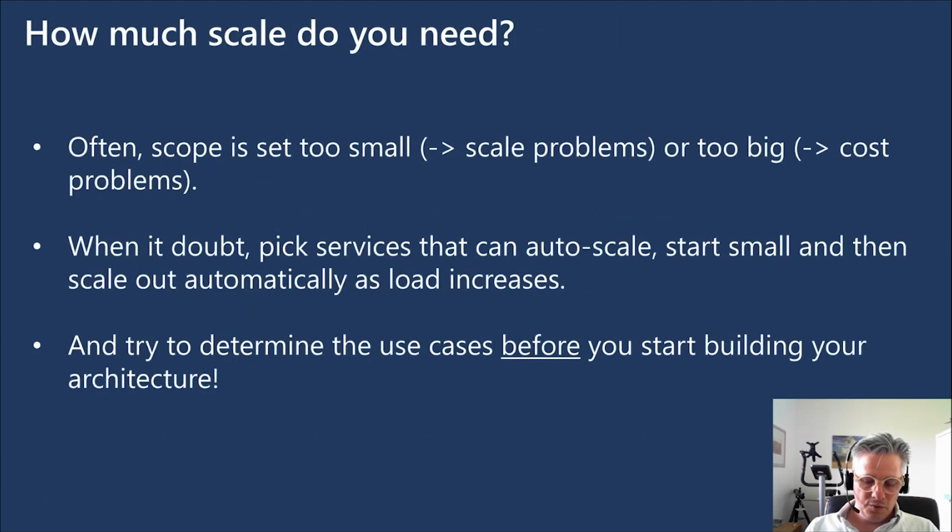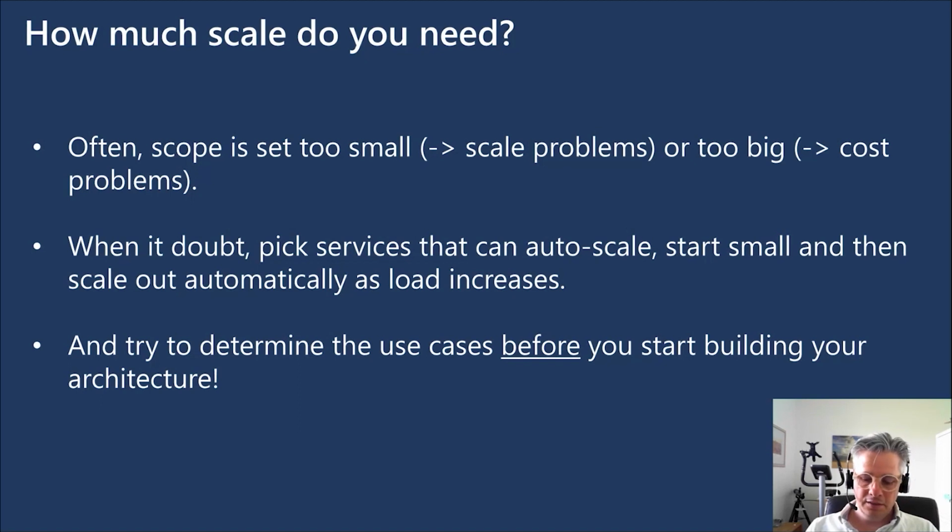Okay, next question: how much scale do you need? A lot of times people pick their projects too small or too big, and then they run into problems. So the best thing to do is to start small, start with a small POC, and then scale that out. And the trick is to use services in the cloud that auto scale, right?